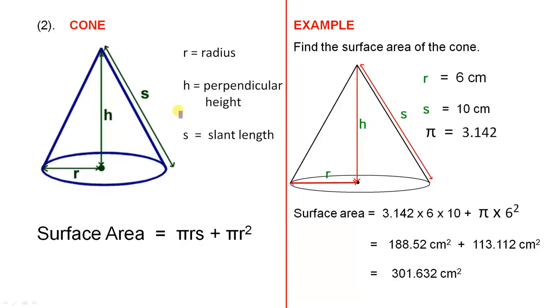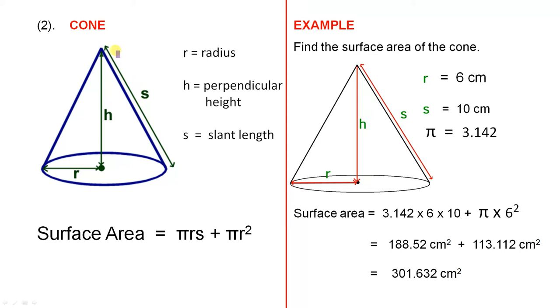Now for the cone we have the base, which is a circle, so it has a radius of r, perpendicular height of h, and this is the slant side, the length of the slanted side here. Okay, so that's important. So the surface area of the curved side is pi r s.